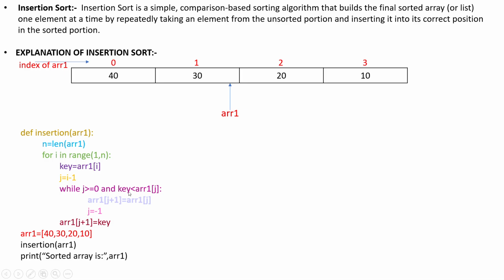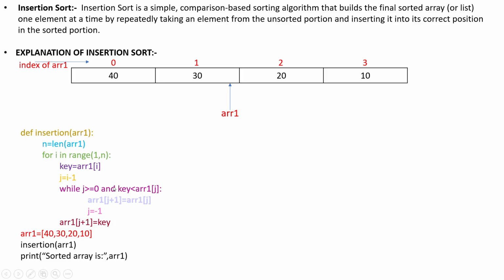Is 30 less than ARR1 of j? ARR1 of j means 40, because j is 0, so ARR1 of 0 is 40. Is 30 less than 40? True. So both conditions are true.